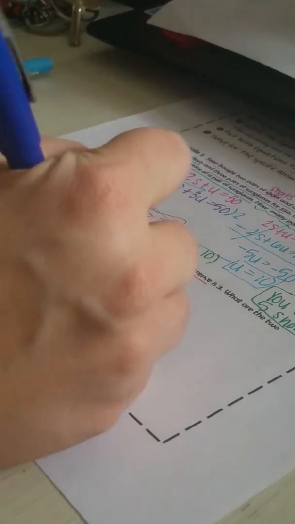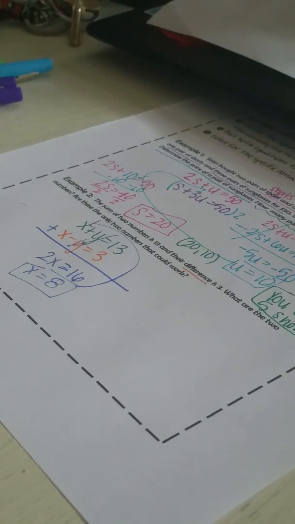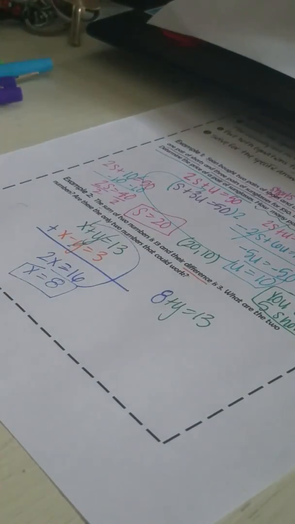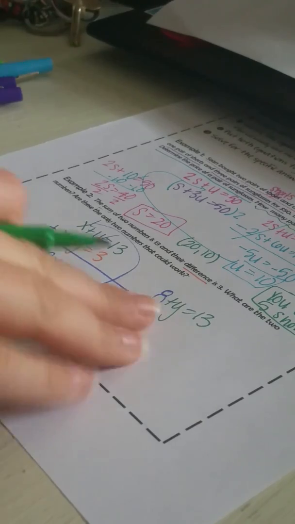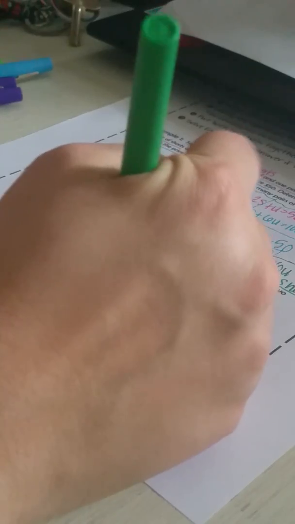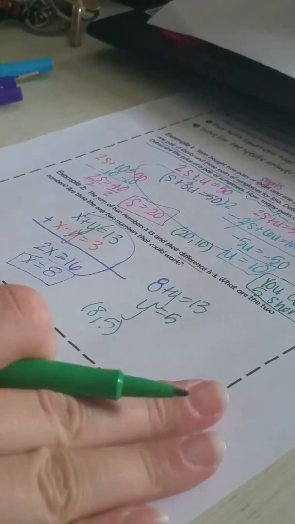Now I'm going to take this, I'm going to plug it back into the top, and I'm going to say 8 plus y equals 13, because we have to figure out what y is. Now, to figure out what y is, we have to subtract 8 from both sides, so y would equal 5. So our two numbers are (8, 5).